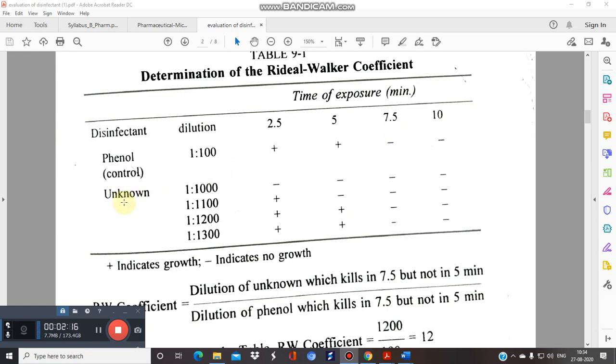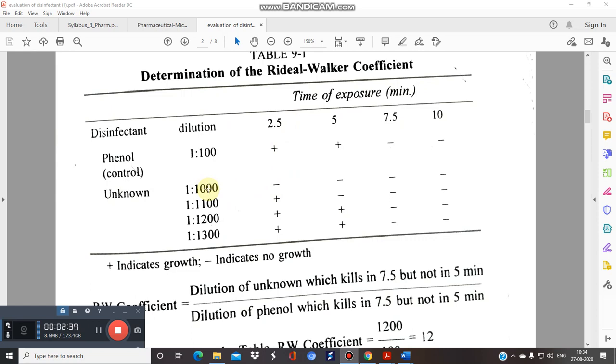In the same way, for the unknown sample, or the test disinfectant, we will select that particular dilution that matches our standard. Suppose in the first case, at 1:1000 dilution of the test disinfectant with an exposure time of 2.5 minutes, the bacteria die.